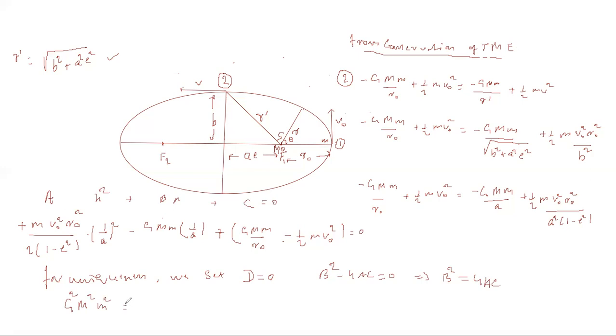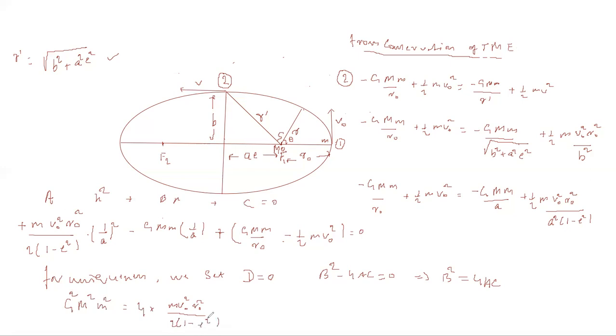And for the 4ac part, we have 4 into a, which we will write as m v naught square r naught square upon twice 1 minus e square.